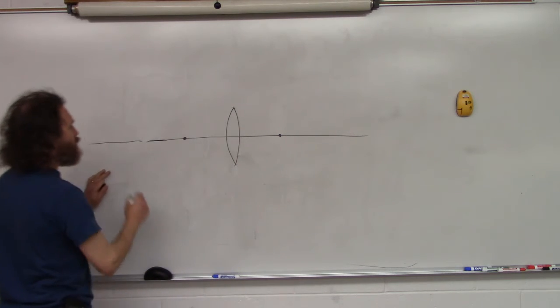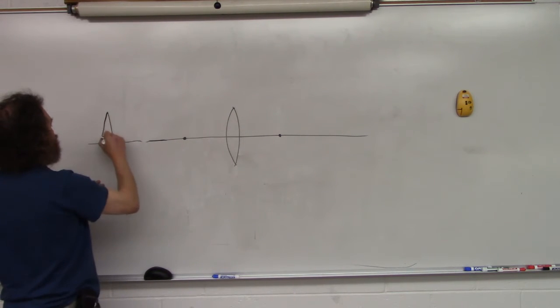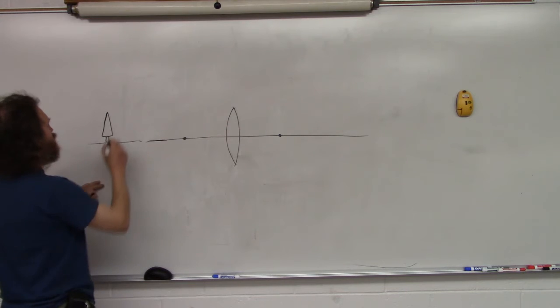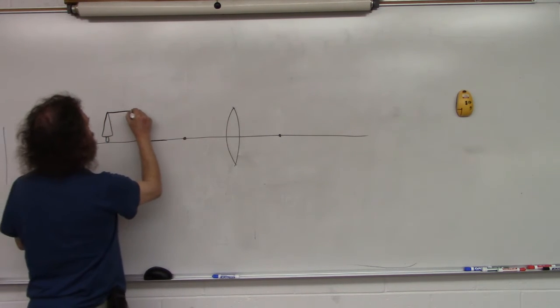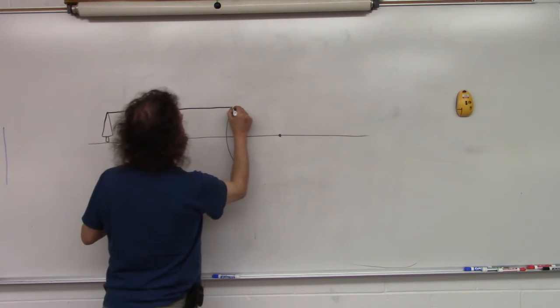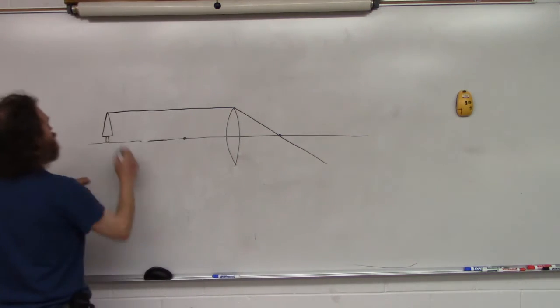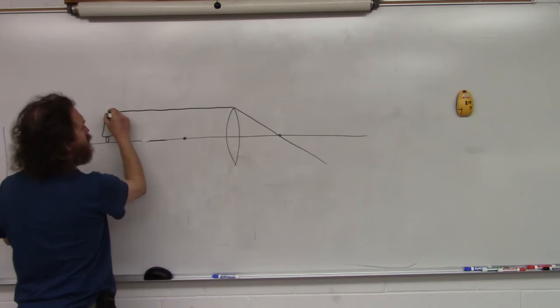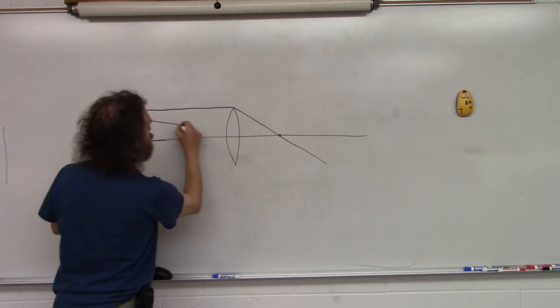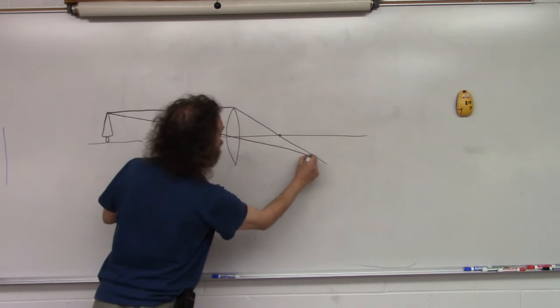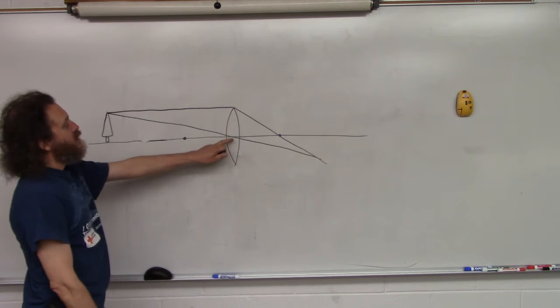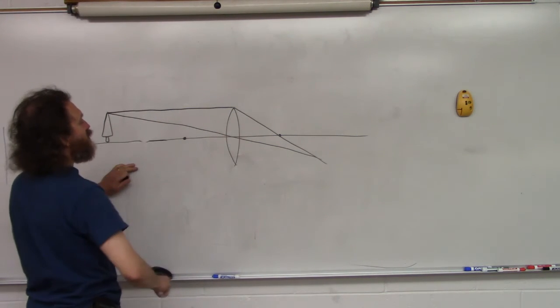So let me put an object out here. Here's my tree. I'm going to draw what are called the principal rays. This one is parallel to the optic axis, gets to the lens and goes through that focal point, right? This one goes directly through the center of the lens where it isn't refracted because the surfaces are parallel there.